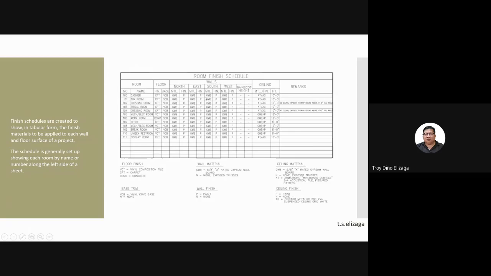And for the base, VCB, you have the vinyl cove base. And then for the walls, of course, you have four walls. If your room is not rectangular, that makes it a bit more complicated. So you have the material and then the finishing. In this case, GWB is 5/8 inch Type X gypsum wallboard, and P stands for paint.